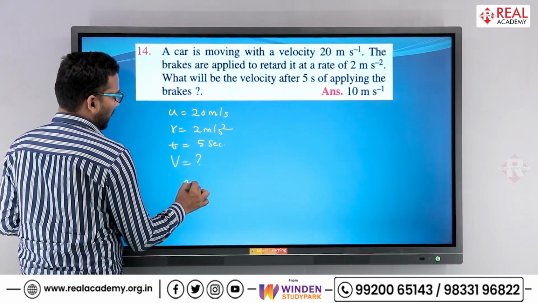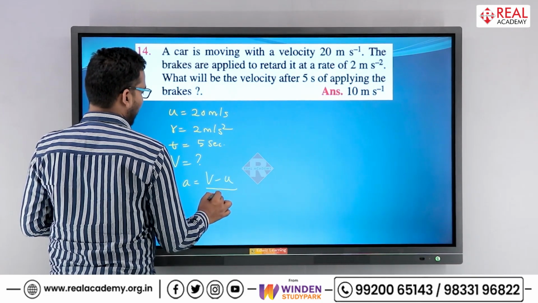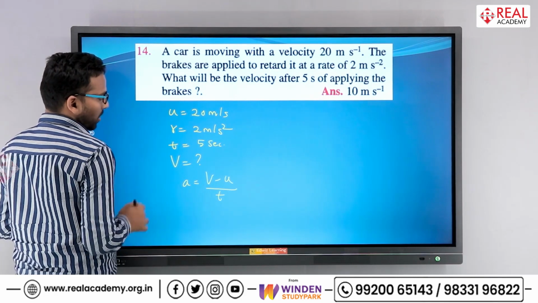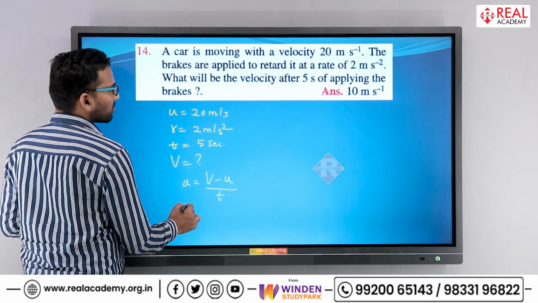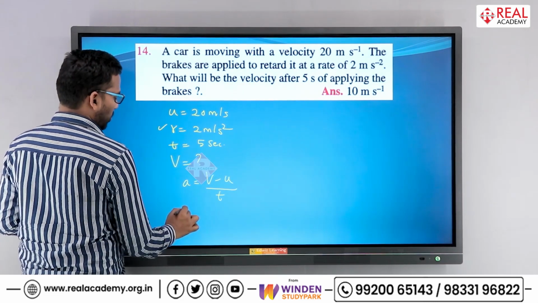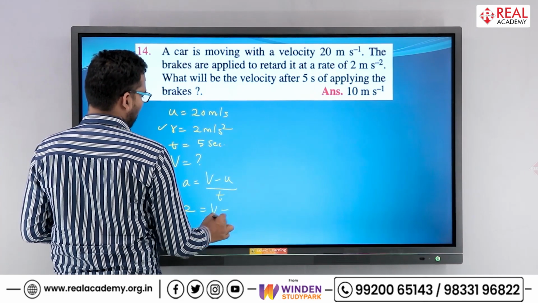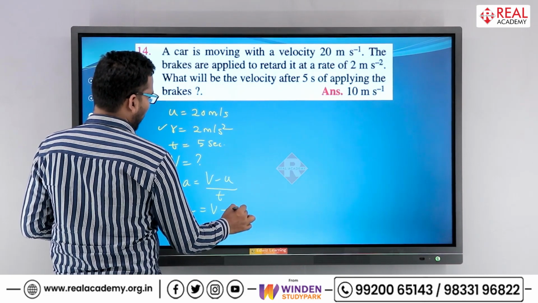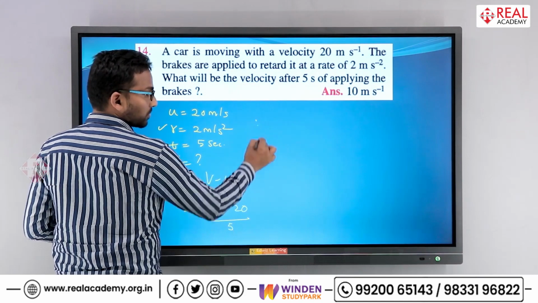So we know the formula that A is equals to V minus U by T. Right? So just put on the values. A is nothing but what? A is retardation, that is 2, is equals to what is V? V minus U. What is U? 20 upon time is 5 seconds.